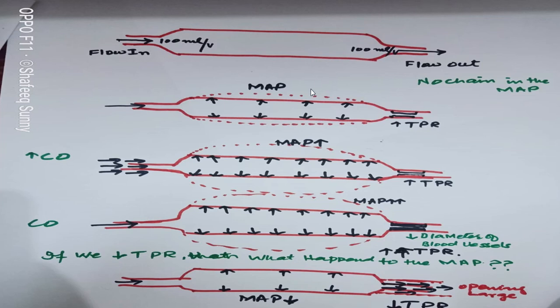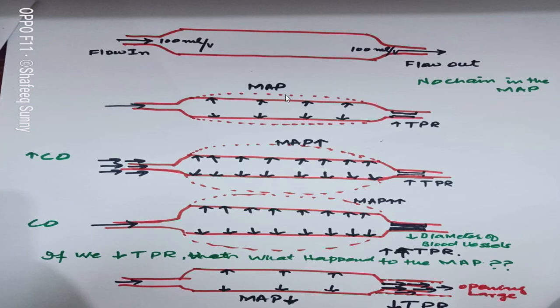Now, another scenario: the flow is the same, 100 ml per unit, but the resistance developed at the exit of this blood vessel, which is called the total peripheral resistance or the peripheral resistance, is increased.